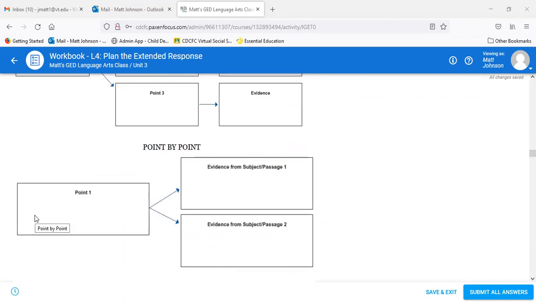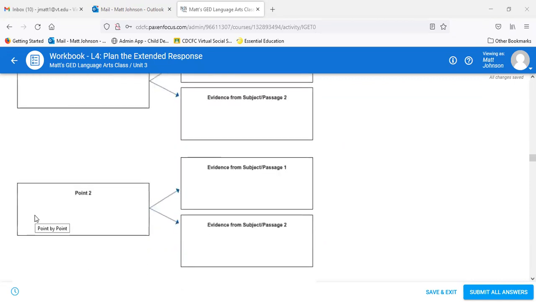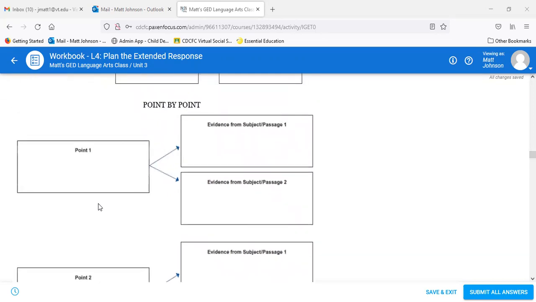So point by point, we're going to go with point of view as our first point, reasons as our second point, third point would be tone, and then we would expound on that, right? That's what we would discuss within the body of our writing response. Evidence from passage 1, evidence from passage 2.